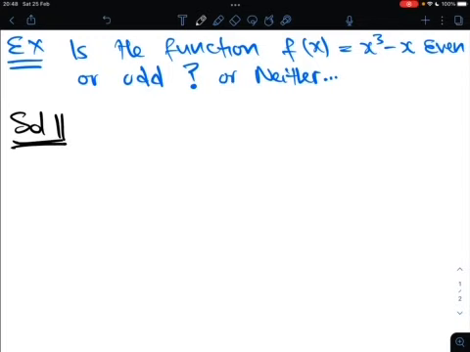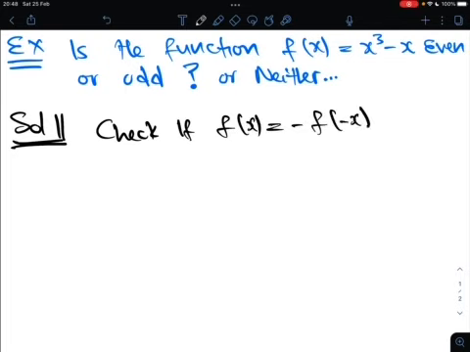What we do is we check those properties. At first we'll try and check if f of x is equal to f of minus x.